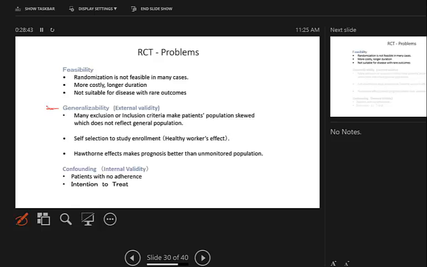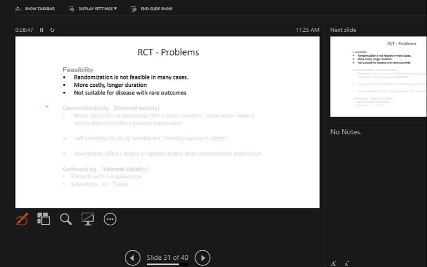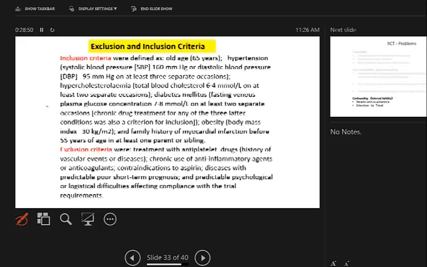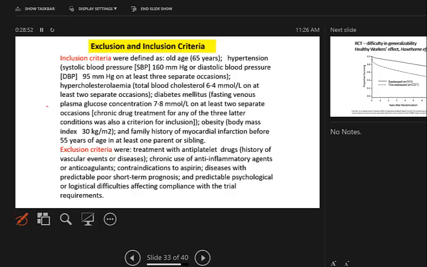And generalizability, so the second. Have you ever seen the many inclusion and exclusion criteria for RCT? This is the inclusion and exclusion criteria for the aspirin study, a randomized clinical trial, which is so huge.